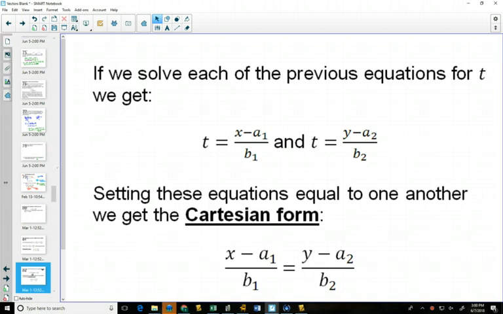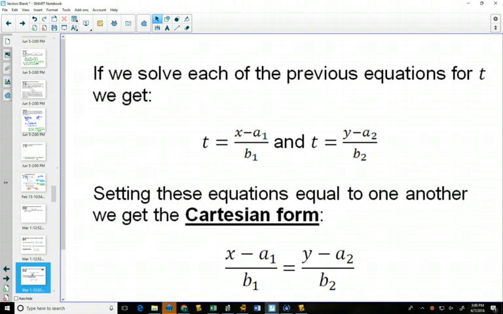And this is called the Cartesian form of the line. And there would be a third one if it was three dimensions. So we're going to see some interesting things that result from these 3 different forms. They'd all be equal.